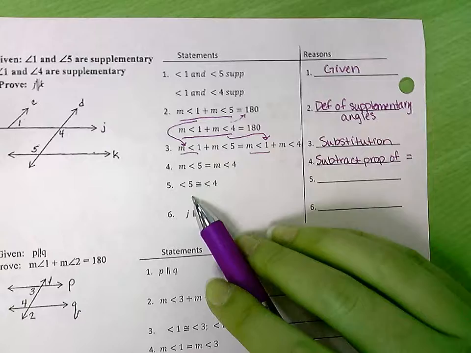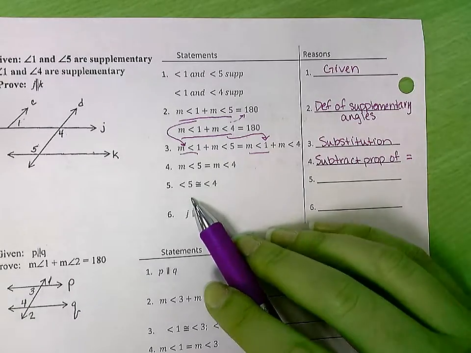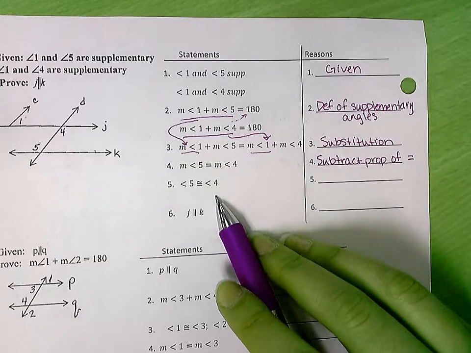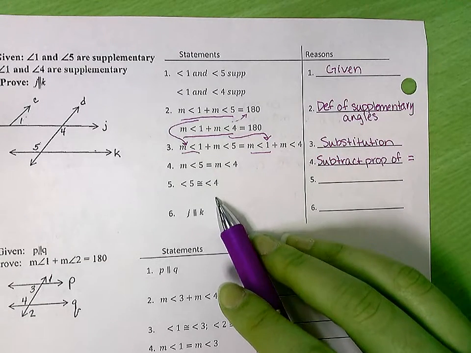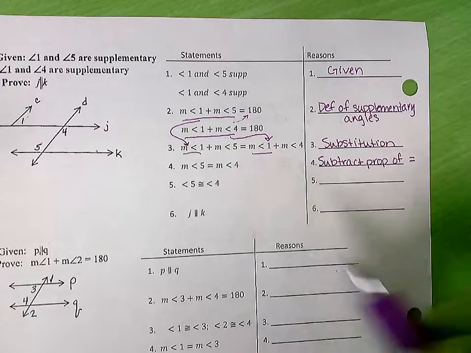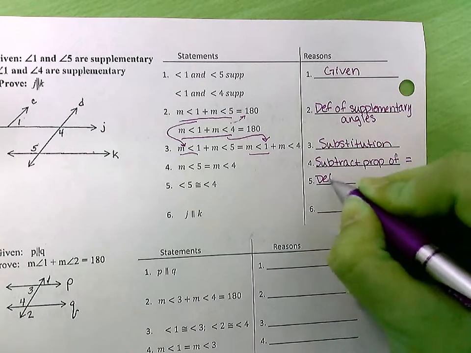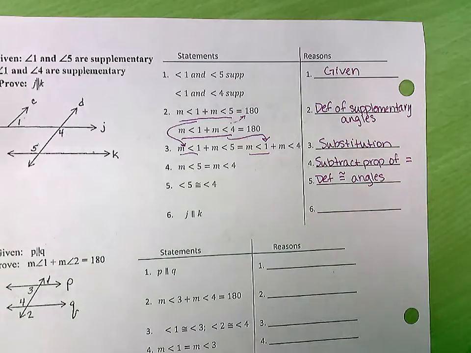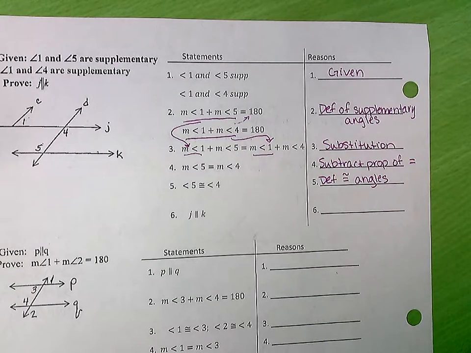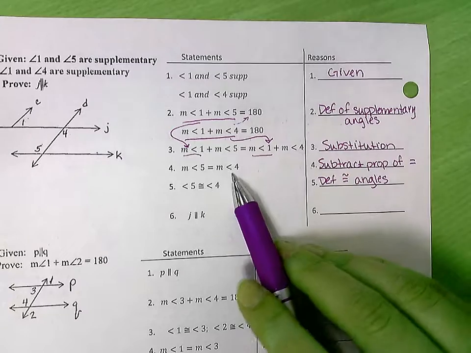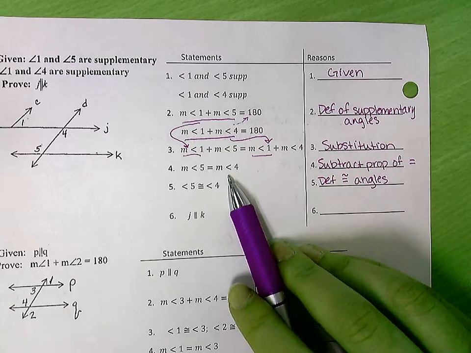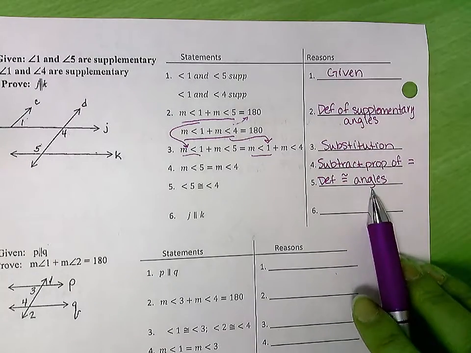Now from 4 to 5, I went from equal measures to congruent angles. Do you remember which? That is the definition of congruent angles. Do not write segments. We are not working with segments. This is an angle. Please write angles.